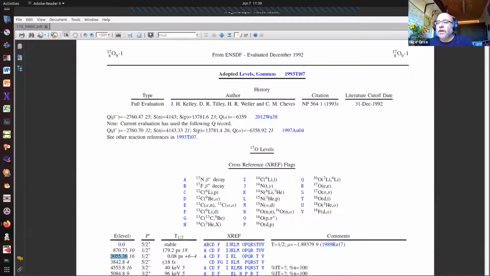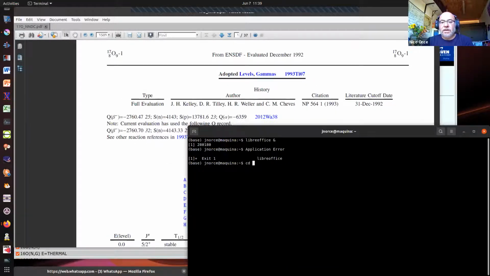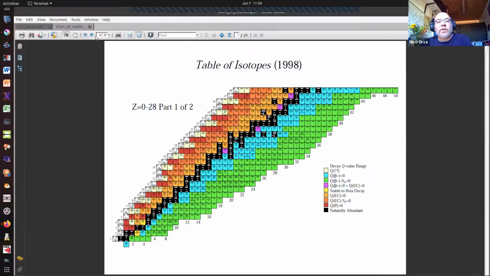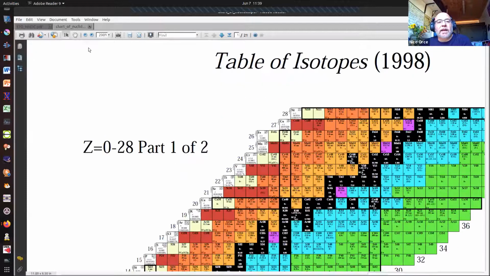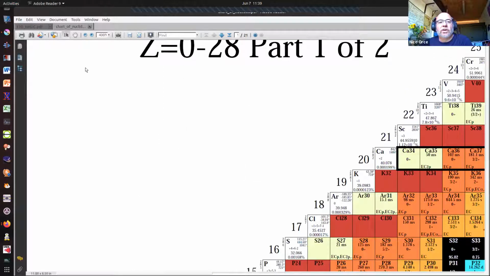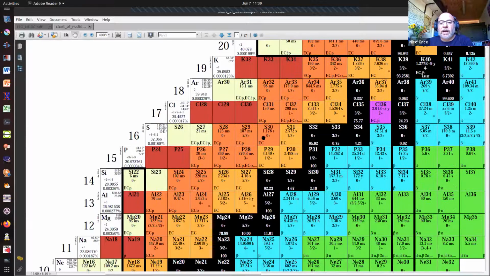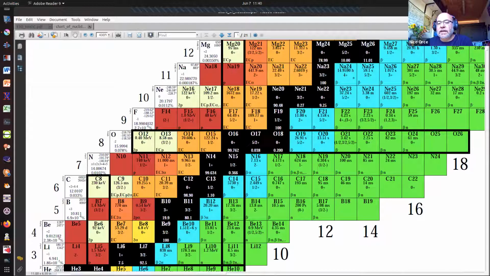Let's look at the nuclear chart, a chart of nuclides, and let's look at what we have here. So we have calculated oxygen 17, oxygen 18. The ground state will be 0 plus, as I say, for all even nuclei.